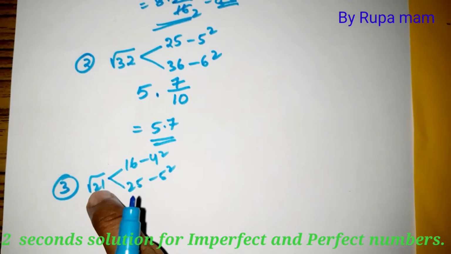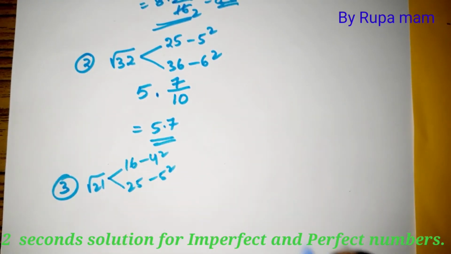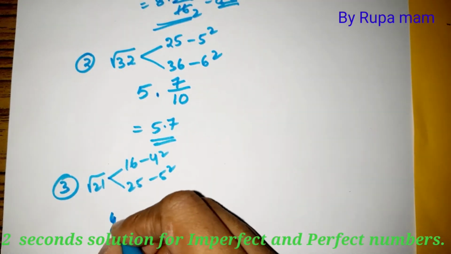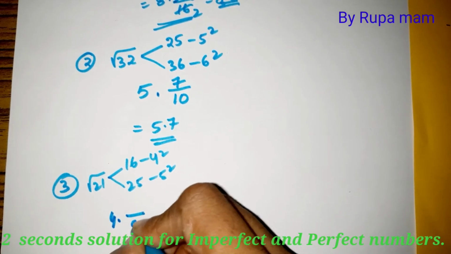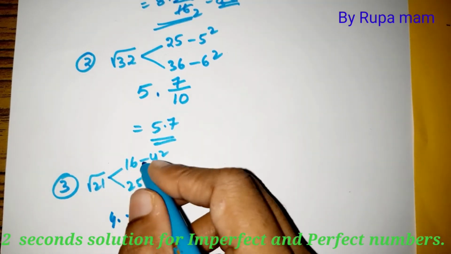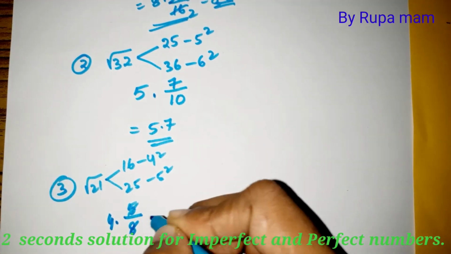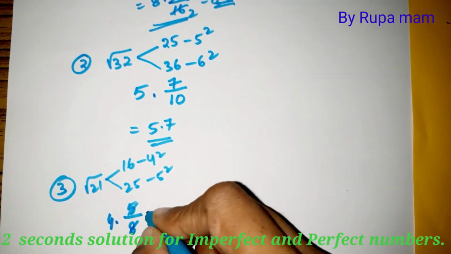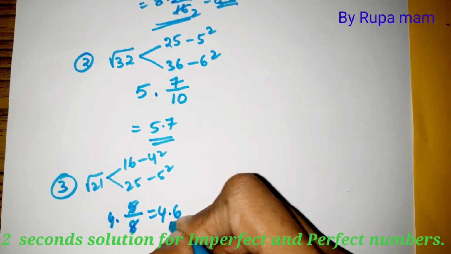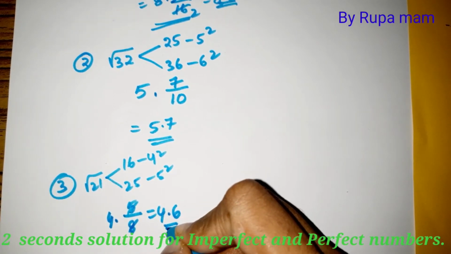Here 16 is lower than 21, so we take only 4. 4 double is 8. The difference of 21 and 16 is 5. 5 by 8 is 0.6. So 4.6 is the answer for this question.